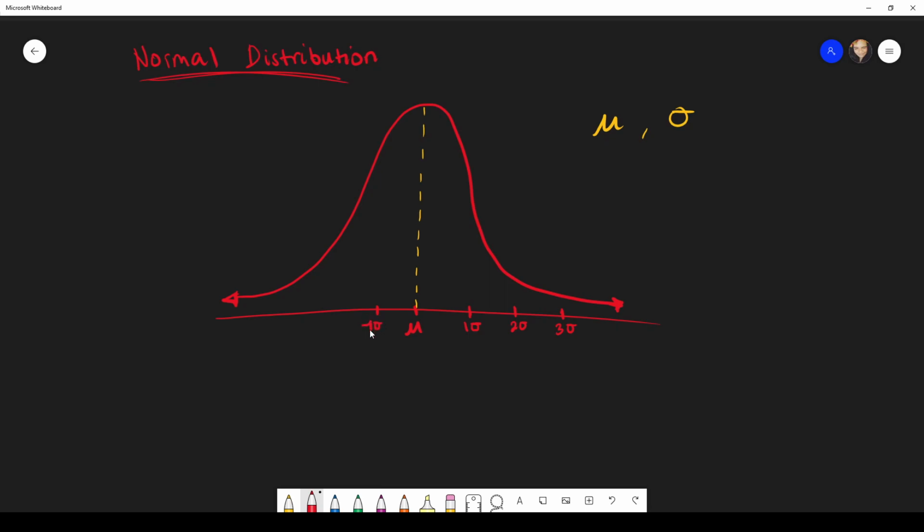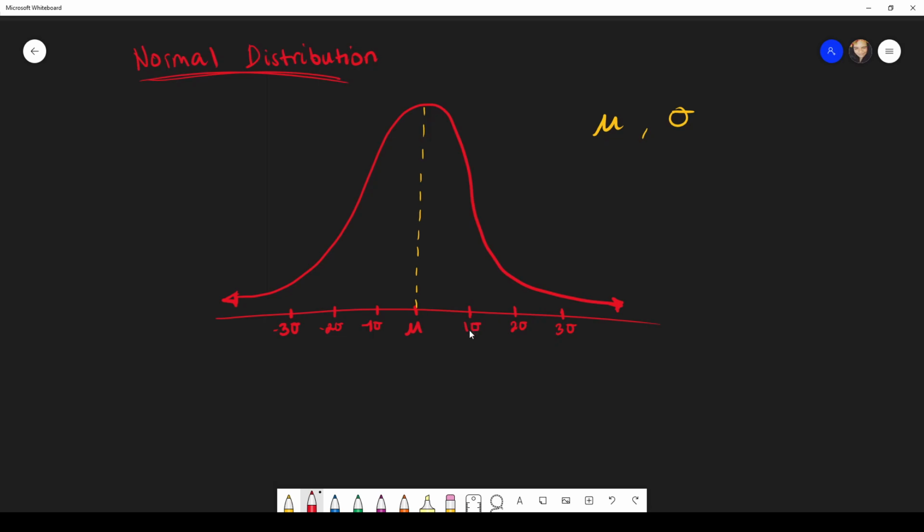Okay, 1, and then 2 standard deviations, 3 standard deviations, right? And we know, after learning about our measures of relative position, that the z-score is essentially the value that tells us how many standard deviations away from the mean we are, right?